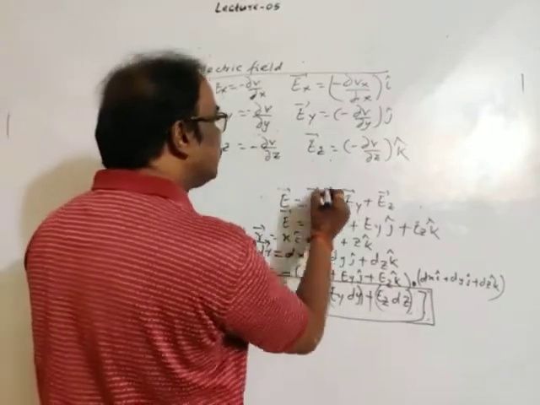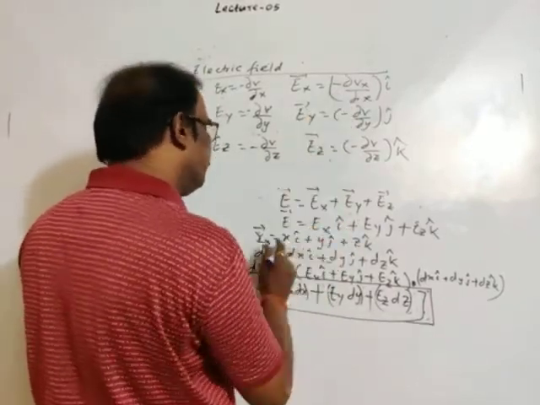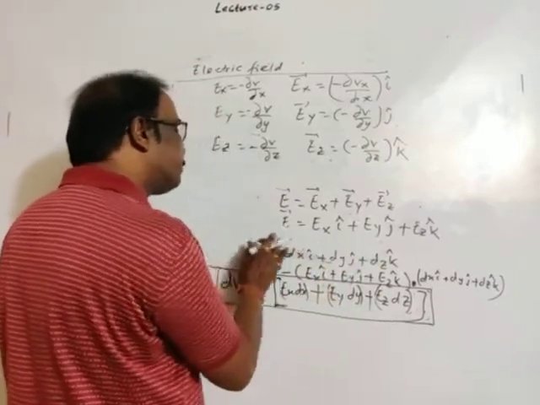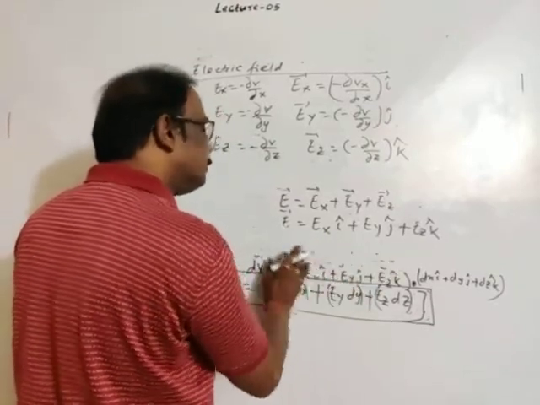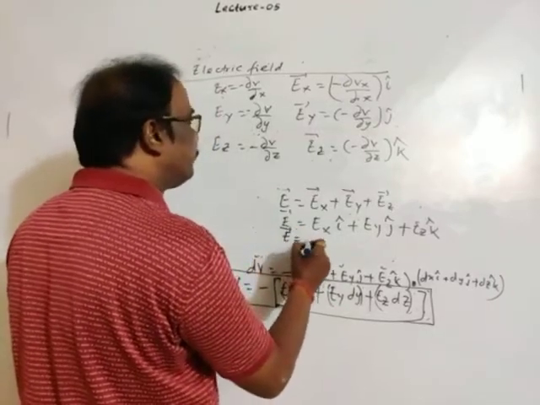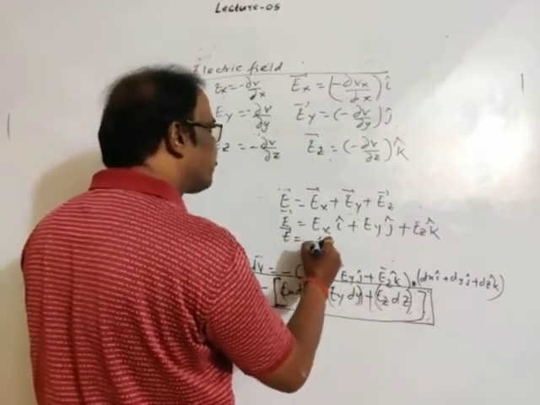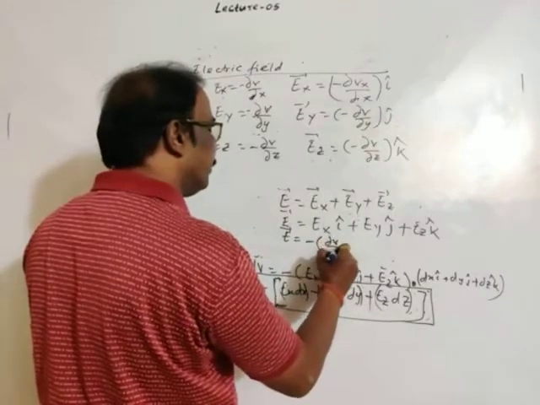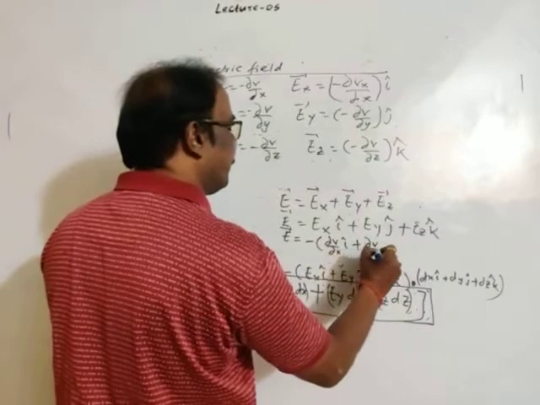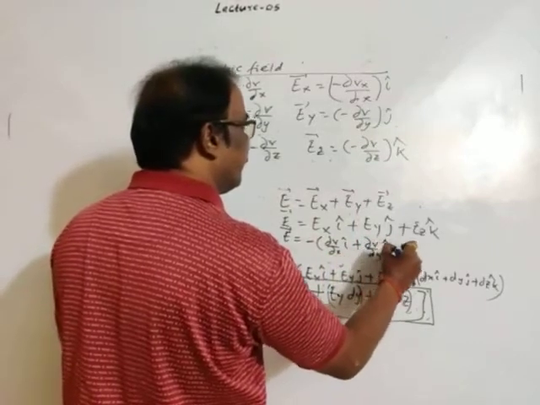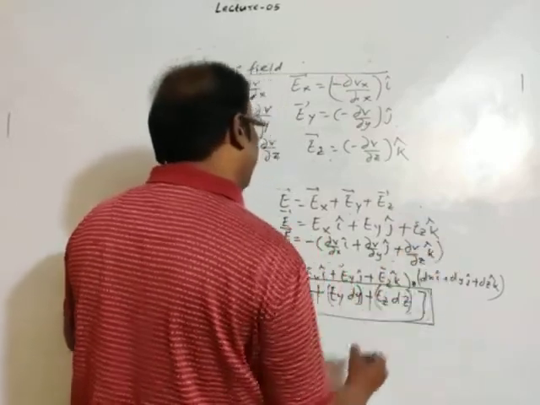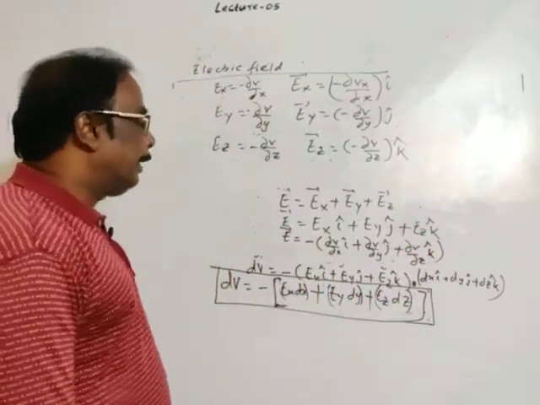Just put here, this in place of Ex. Well, I erase it to complete the equation, means the complete form of electric field in vector form is minus, this is in vector form. Okay.